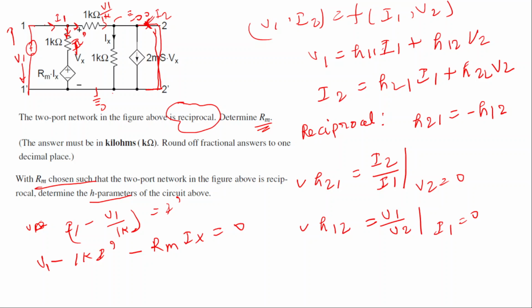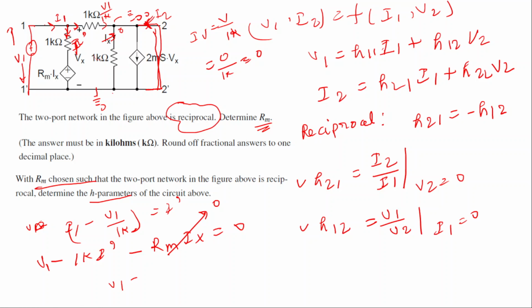Since the voltage across this terminal is 0 and this is the 1k resistance, Ix will be 0: Ix is the voltage across this 1k resistor divided by 1k, which is 0 by 1k, equal to 0. So we can put Ix to 0.